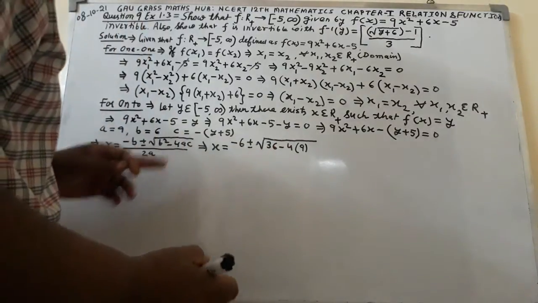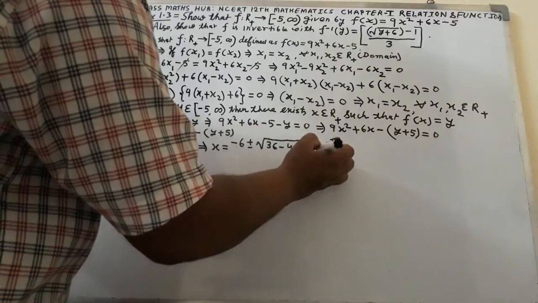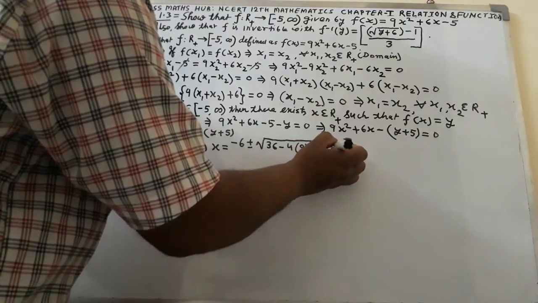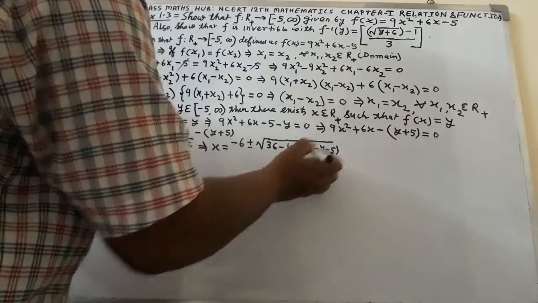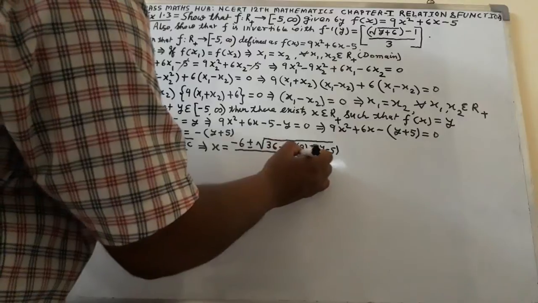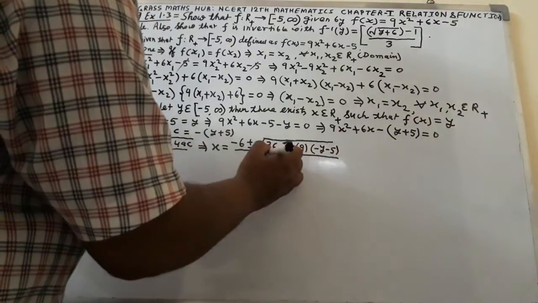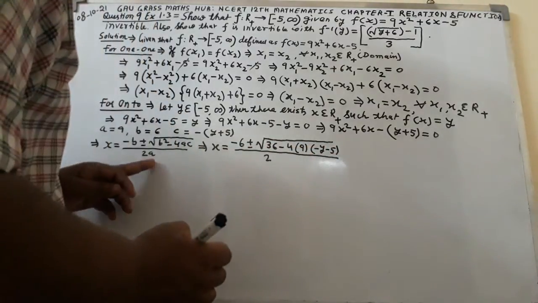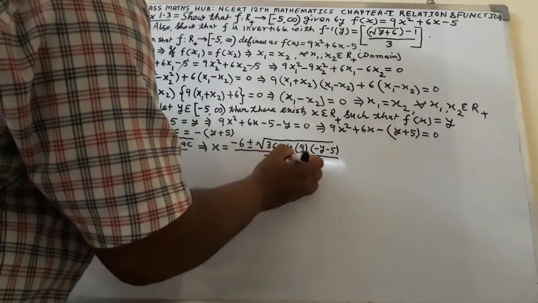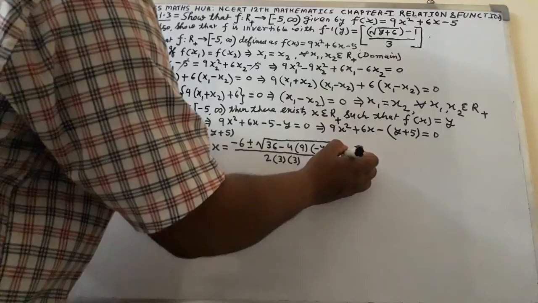Value of c we have got in bracket minus y minus 5, whole over 2a, means 2 into 3. So here I 3, here I 3.